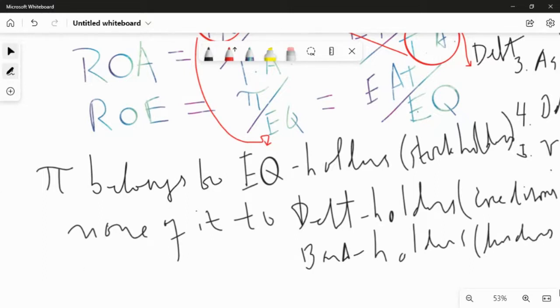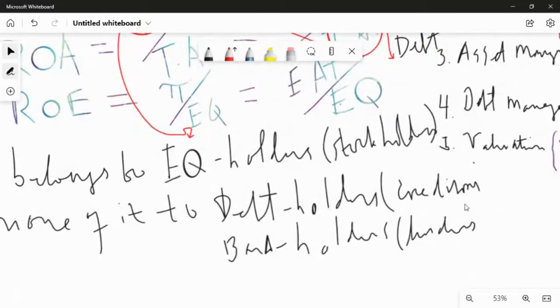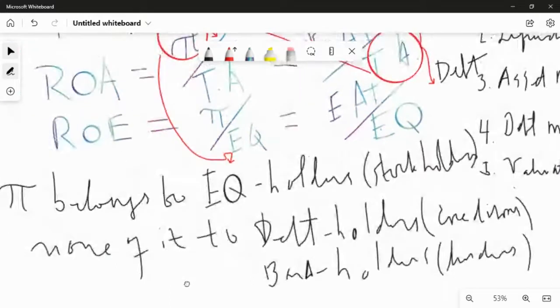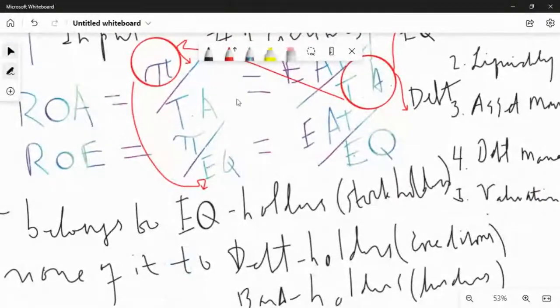So think about it from the debt holder's or creditor's perspective. This ROA formula is not completely irrelevant.